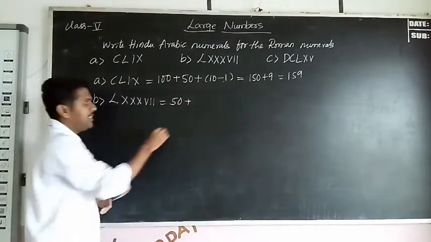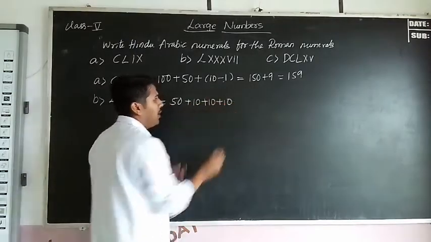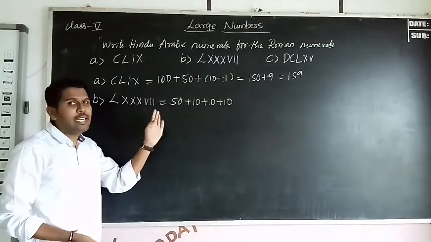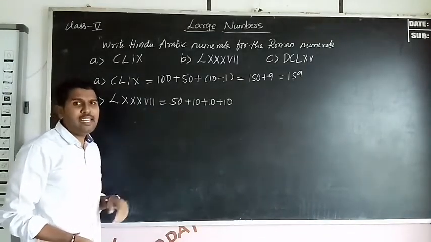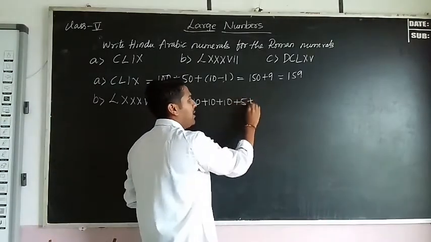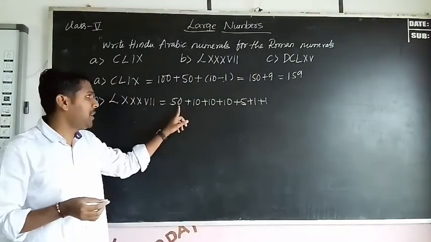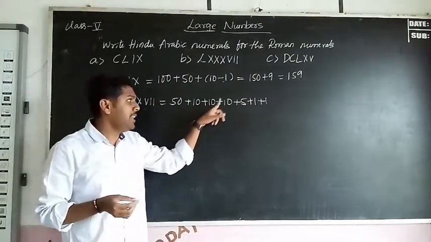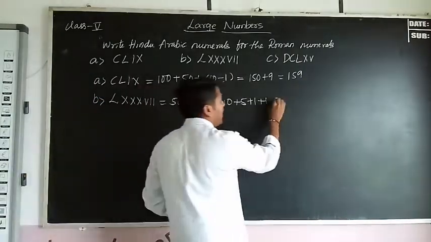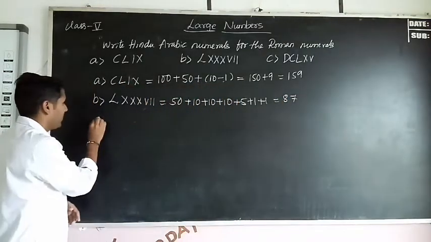X means 10, that is 10 plus 10 plus 10. Why are you using plus? Because smaller values are placed after the greater value. So you can add the numerals. Next, V means 5 plus 1 plus 1. So add all these numbers. 50 plus 10, 60, 70, 80, 85, 86, 87. So what is that number? 87. Okay.